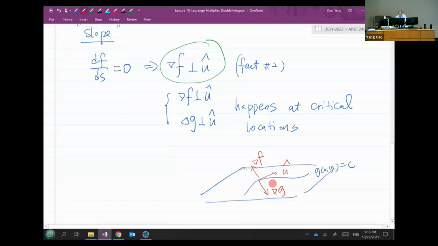Del G is perpendicular to u hat. So you can think about it. When you have 3 vectors, which are all in the same plane, and 2 of the vectors are perpendicular to the 3rd vector, which is u hat here, what do you think is the relationship between the del F and the del G?